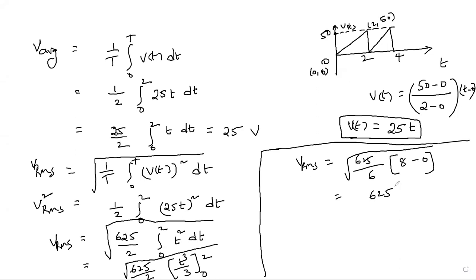So 625 into 8 by 6, that is 625 into 4 by 3. How much is the value?